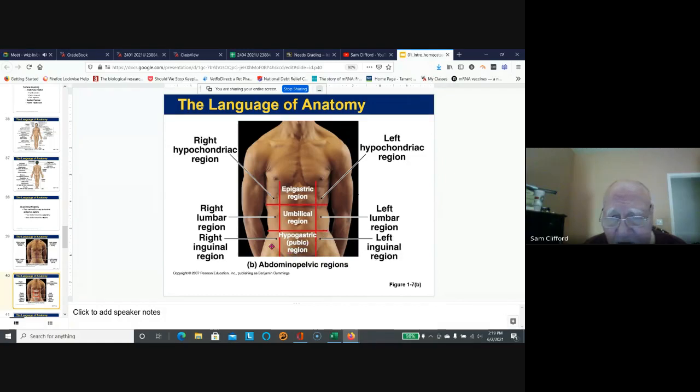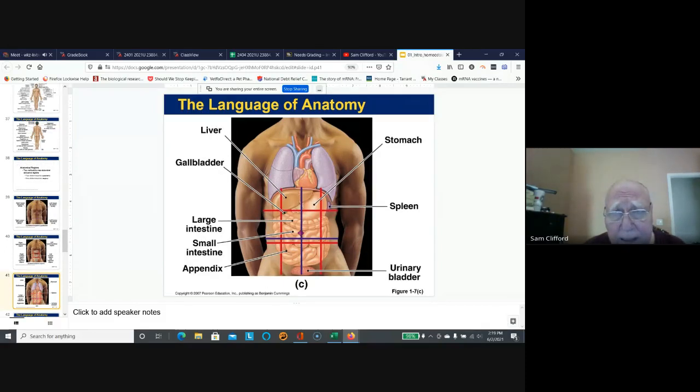The inguinal region, the hypogastric under the stomach. So you'll have questions to complete on these regions and on the quadrants. This indicates where the lungs are, where the heart is located, where the stomach is located, and so on.